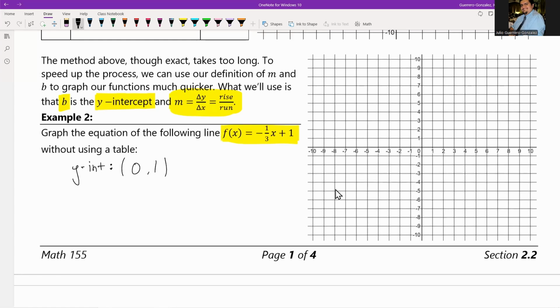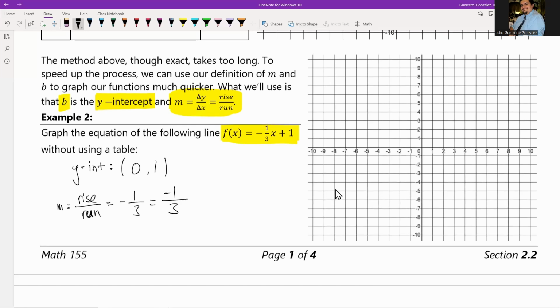Okay. Now my m is my rise over run. And this is already given to us by this number right here, the -1/3. Okay. And what I'm going to do is this, and this is completely cool for you to do. I'm going to write the 1/3, and I'm going to do -1/3.